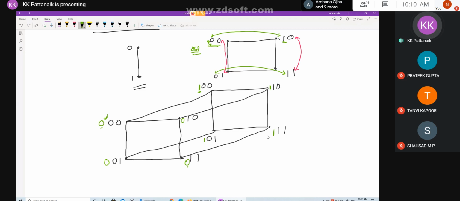Right? So similar to other interconnection networks, these are the nodes. These nodes can be computing elements. These nodes can be routers. And these are the links.